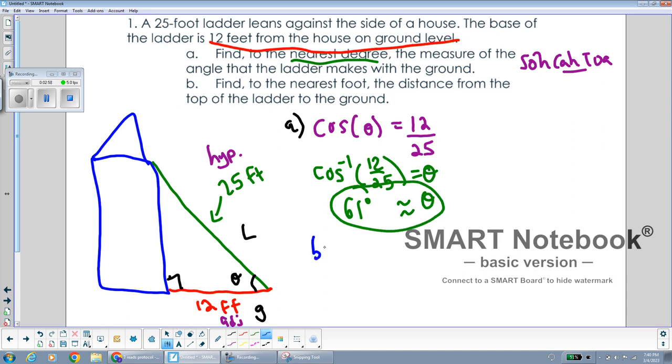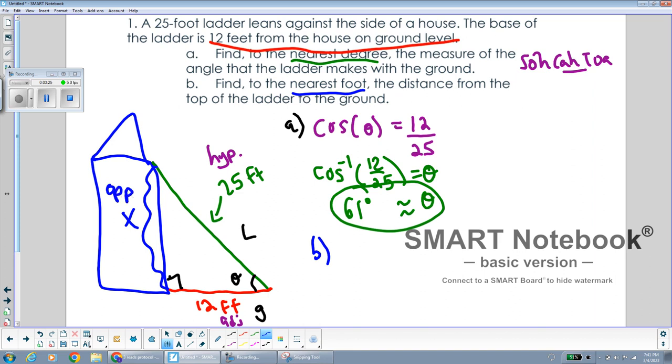Now I'm going to move on to part B. And in part B, it's asking us to find to the nearest foot, so that means the nearest whole foot, whole number, the distance from the top of the ladder to the ground. So we're looking for a side of our right triangle. So from our focus angle, this side would be opposite.